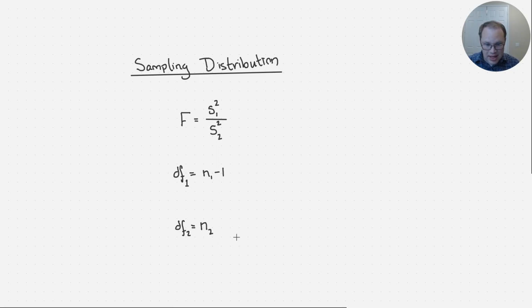So take the sample size from that sample, and we just subtract 1. So we're just looking at the two samples, the one in the numerator and the one we use in the denominator, to find those sample standard deviations. Okay? Those are the features that we need for our sampling distribution.